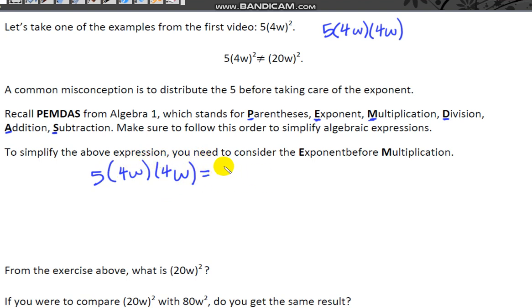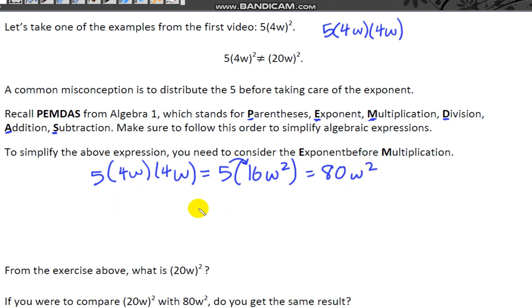This would be the same thing as 5 times 16w squared, because 4 times 4 is 16. W times w is going to be w squared. Okay, so now since we have this times this, now we can distribute the 5. So if we distribute this 5, this is 5 times 16, or 80w squared.